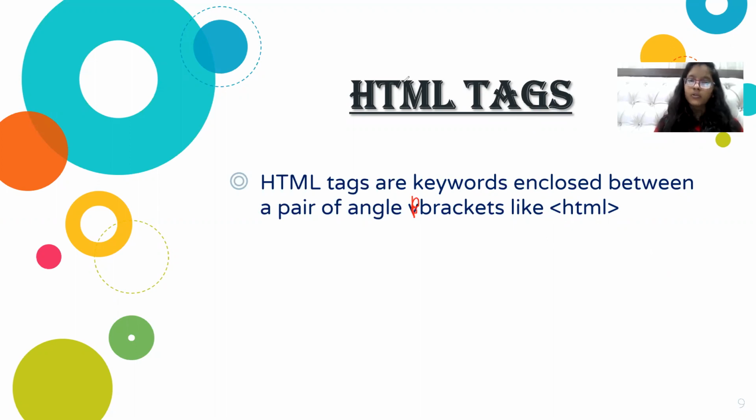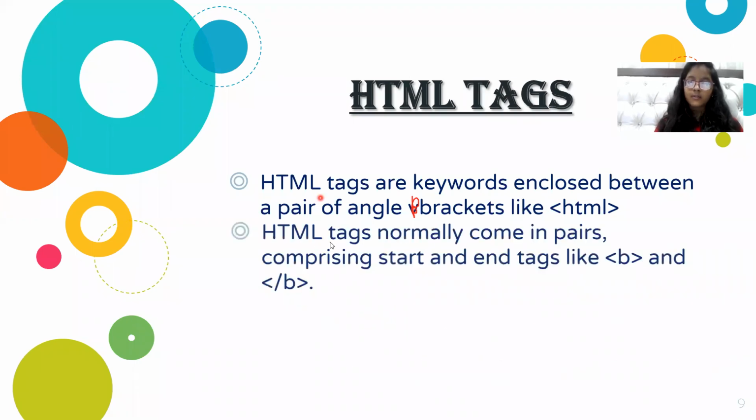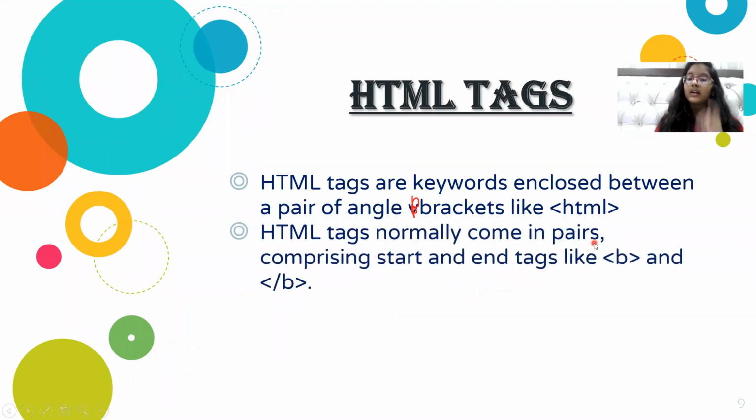Now let us move to our next point. HTML tags normally come in pairs comprising start and end tags, like this. A very, very important point: if we are starting a tag, we have to close the tag.